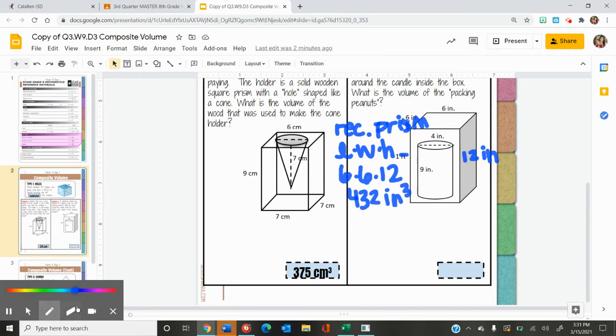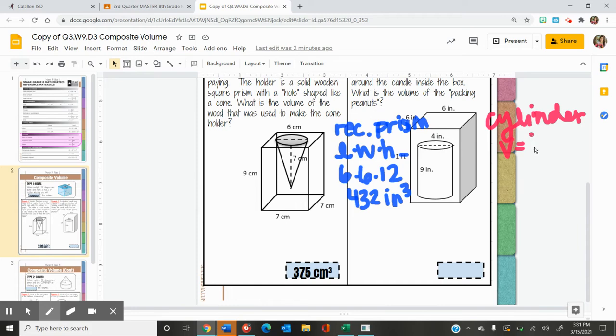Next, I have the cylinder. So the formula for volume of a cylinder is volume equals the area of my base times the height. Now my base shape on a cylinder is a circle. So this is now volume equals pi times r squared times the height.